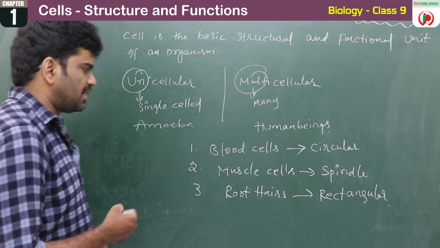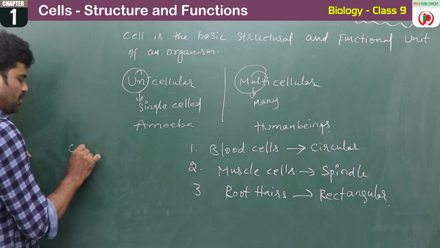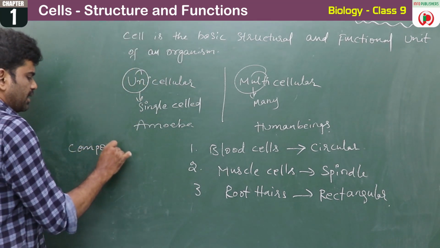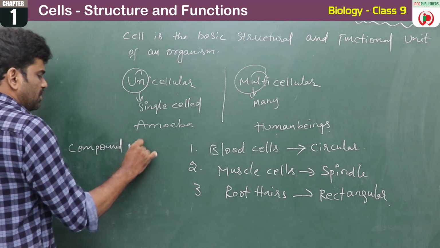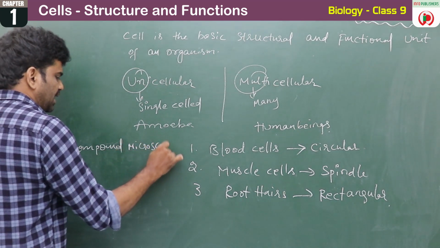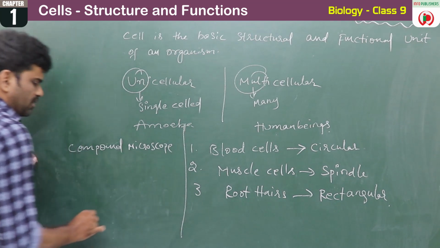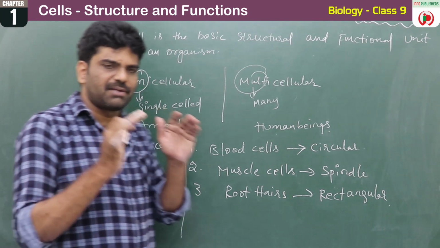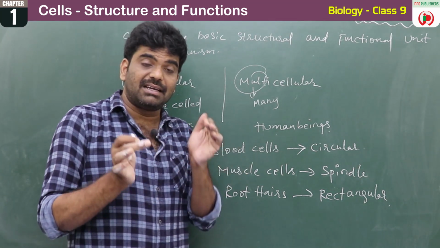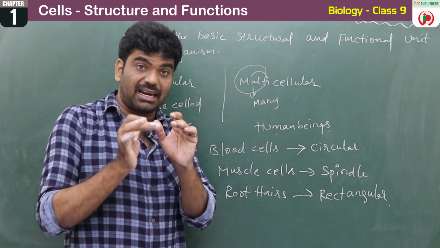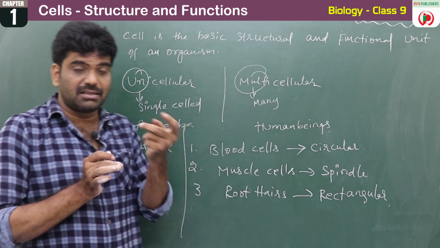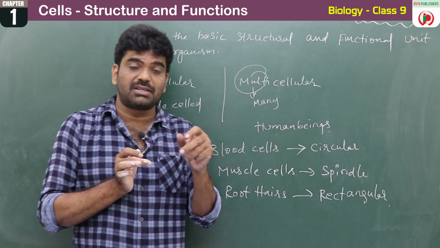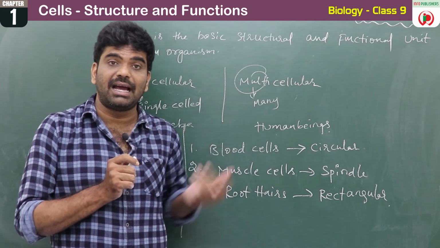So this paragraph is telling the difference between the compound microscope and the electron microscope. If you see the cell under the compound microscope, only some parts are visible. If you see the cell structure under the electron microscope, why? Because the electron microscope's magnification and resolution are very high.